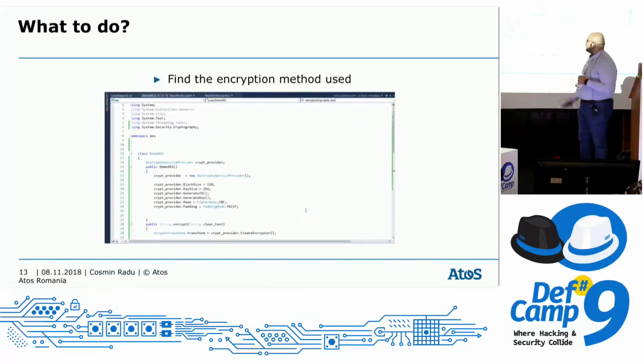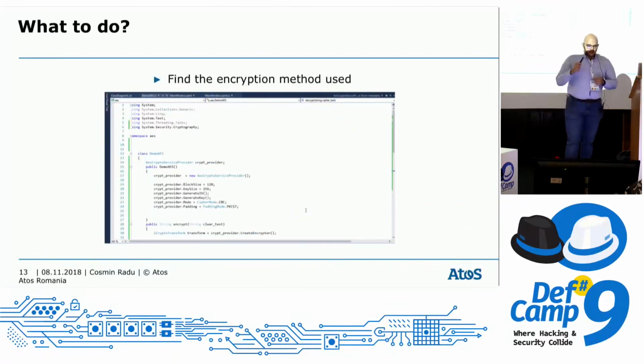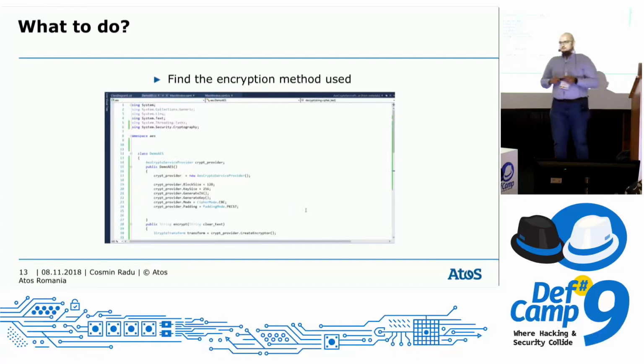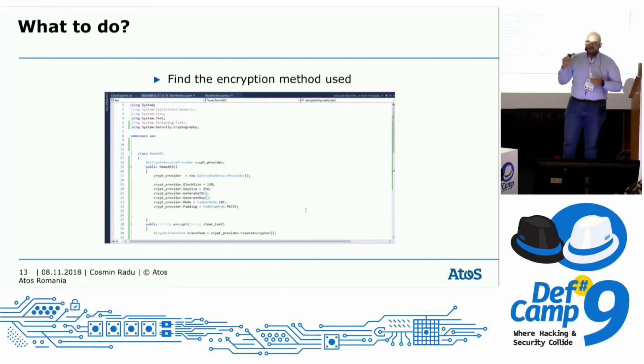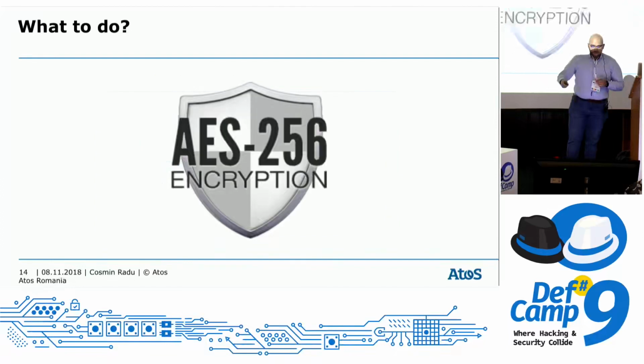And lo and behold, I found the encryption class method that was used. And I found an issue here, an issue that I would like to tell you about, why it's never a good idea to implement your own crypto, or if you do, do it the proper way. The developer of the application managed to hard code the IV in the client, the initialization vector, for the first thing.